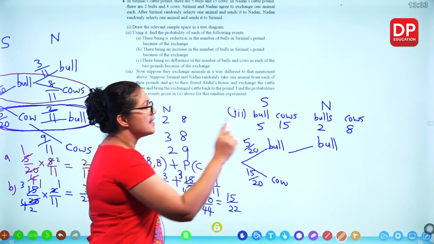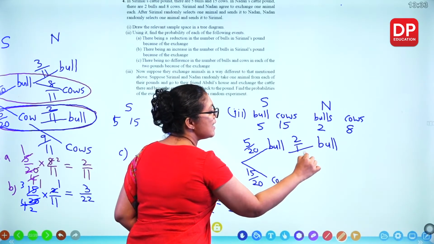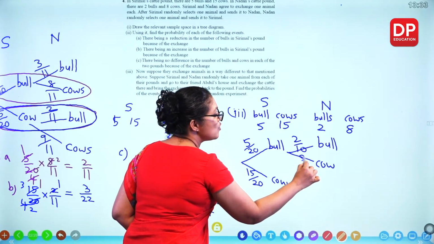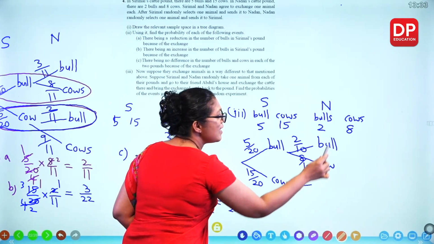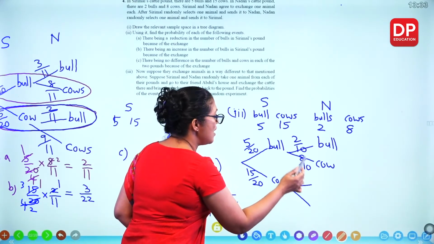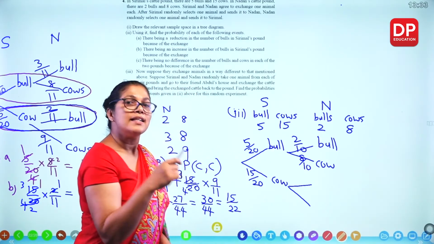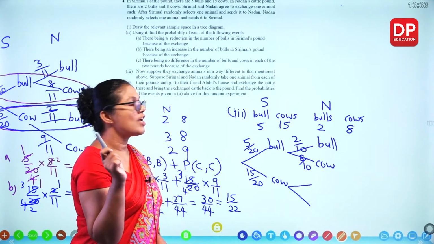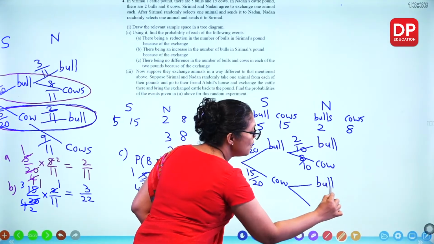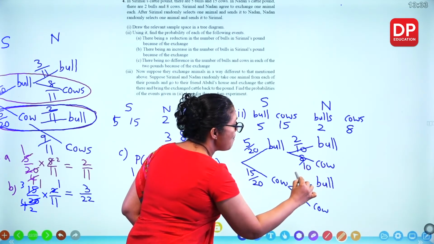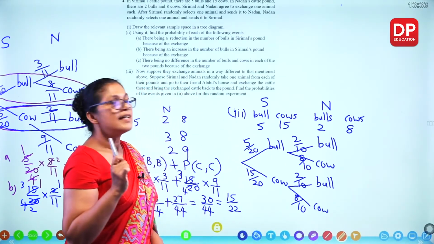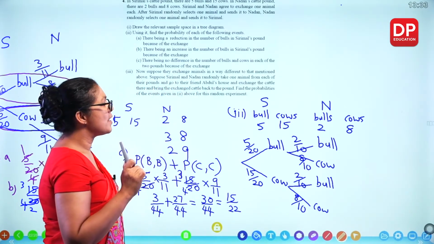For Nathan, this is 2 over 10 and getting a cow is 8 over 10. So nothing will happen to the branches. So in this case also, whatever the animal, the probabilities are not changing for Nathan as well. So we have to write down this is bull, cow, same probabilities you are getting. So this is the diagram. Now we'll try to answer the questions.